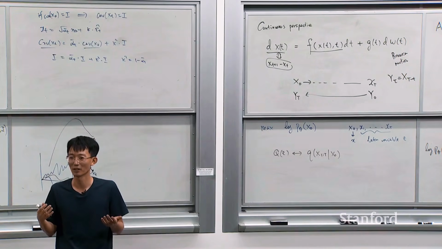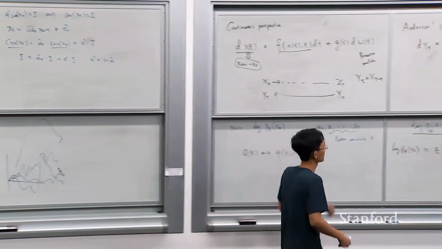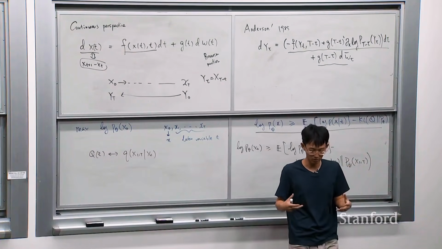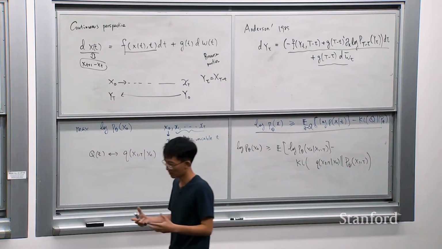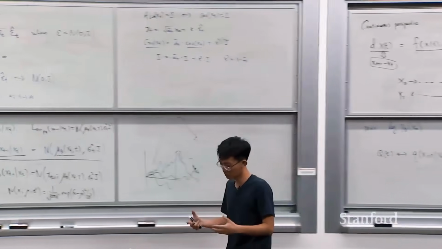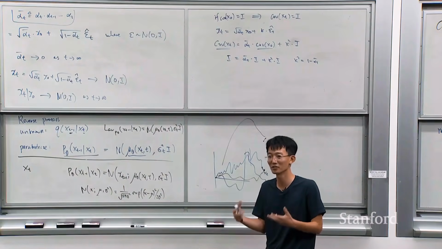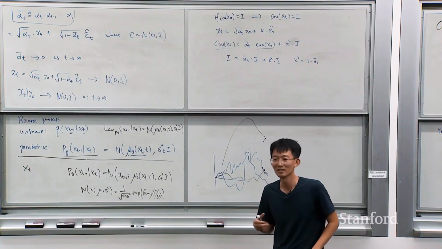In the ELBO literature, this is viewed as a regularization term. You cannot make your posterior too complex; it has to be close to the prior, otherwise you are overfitting to your data. Does it make sense?